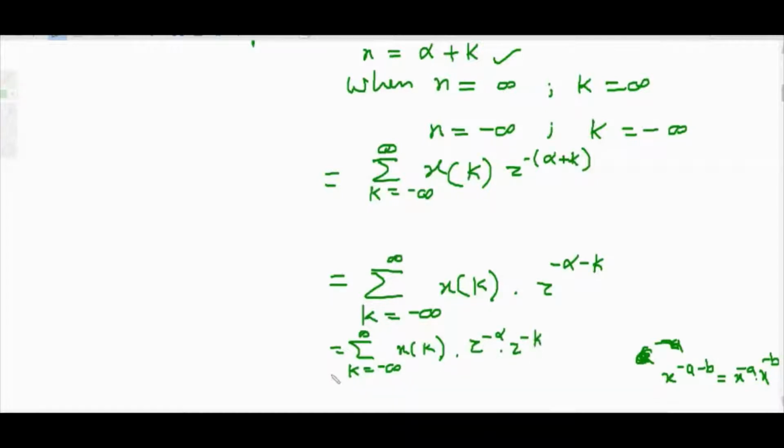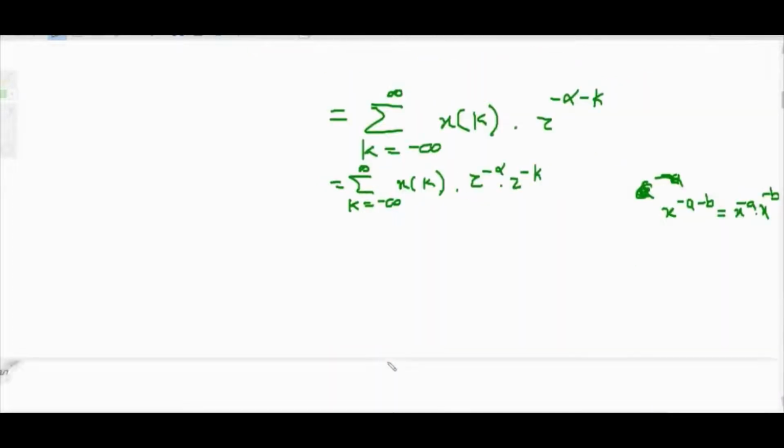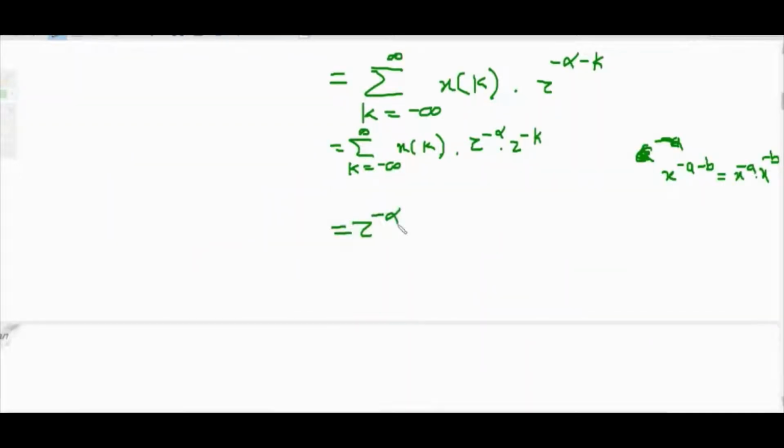Here the summation is with respect to k, so z raised to minus alpha is a constant and I can take it outside. This becomes z raised to minus alpha into summation x of k z raised to minus k. If you compare with the definition of z transform, this is also the definition of z transform, x of z.